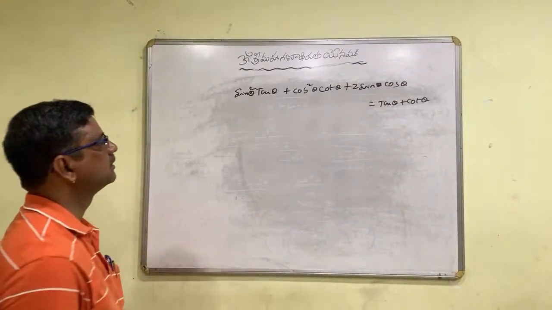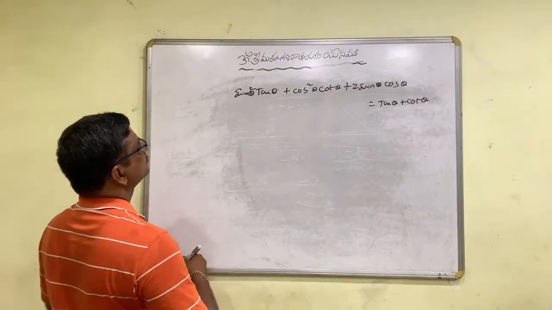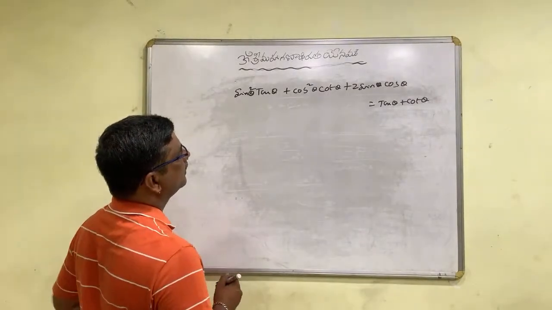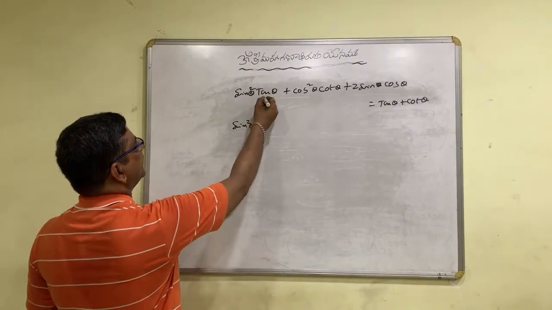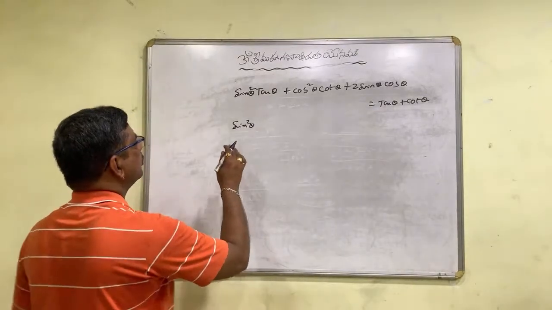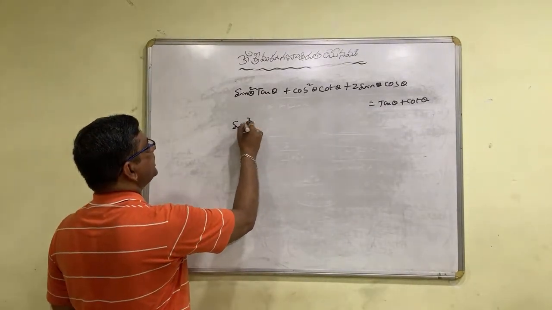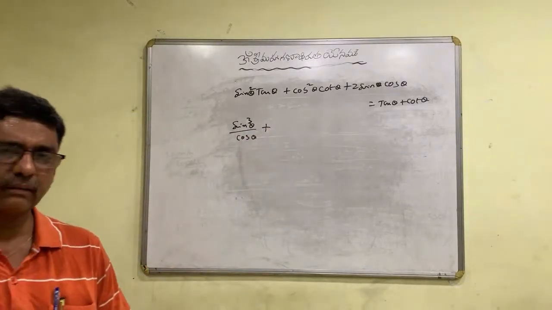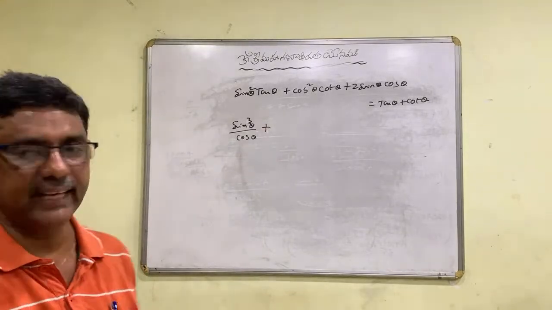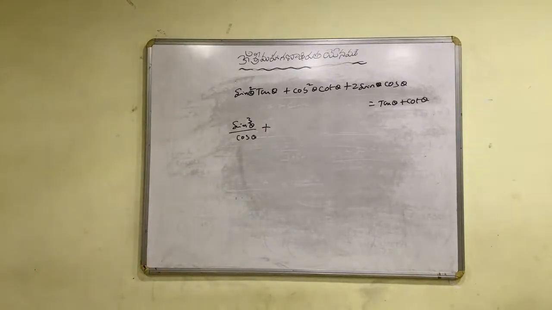Yes. Sin square theta tan theta: you can write tan theta as sin theta by cos theta. So in total I can write sin cube theta by cos theta. Is that right, children? Will you say yes for that?